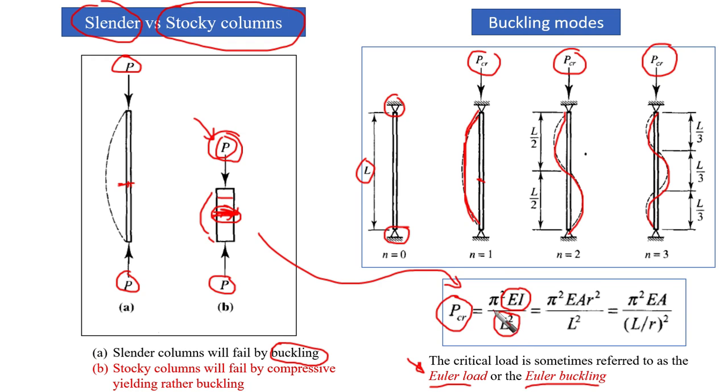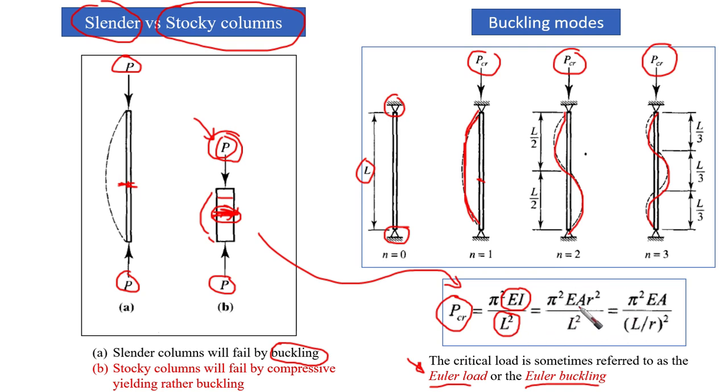So we have pi squared EI, which is representing the inertia, and there is L, which is representing the geometry of the element itself. And we found that at the end we can put it in this form.